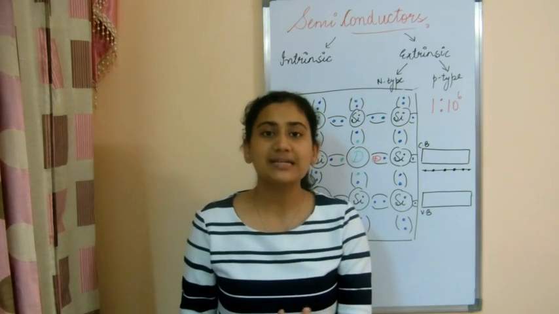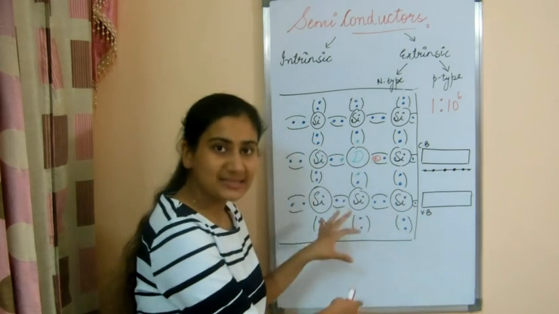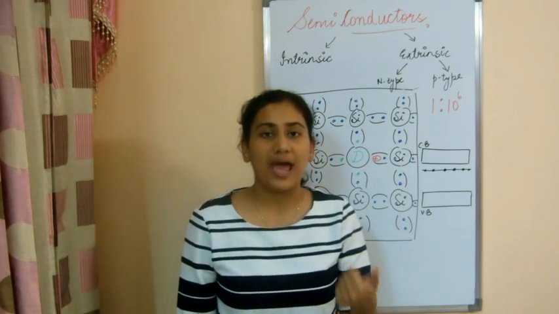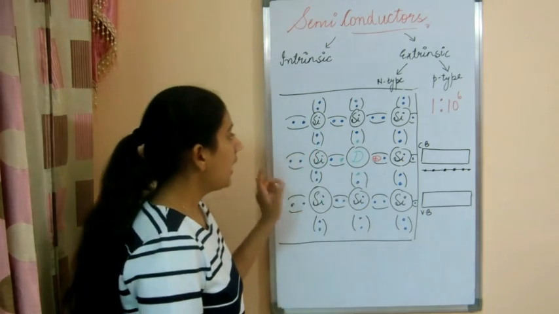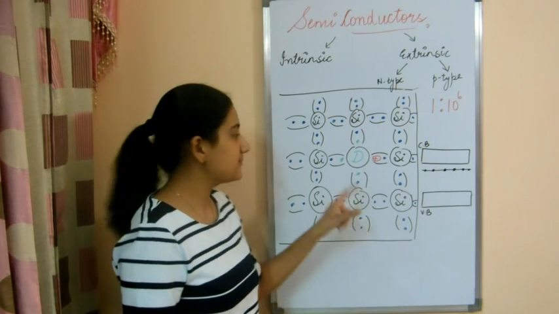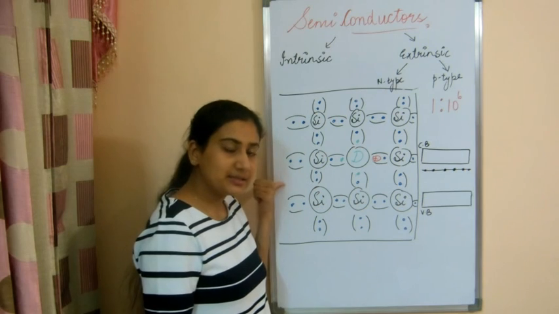So these are the 2 types of extrinsic semiconductors, and the process of adding impurity to this crystal is known as doping.